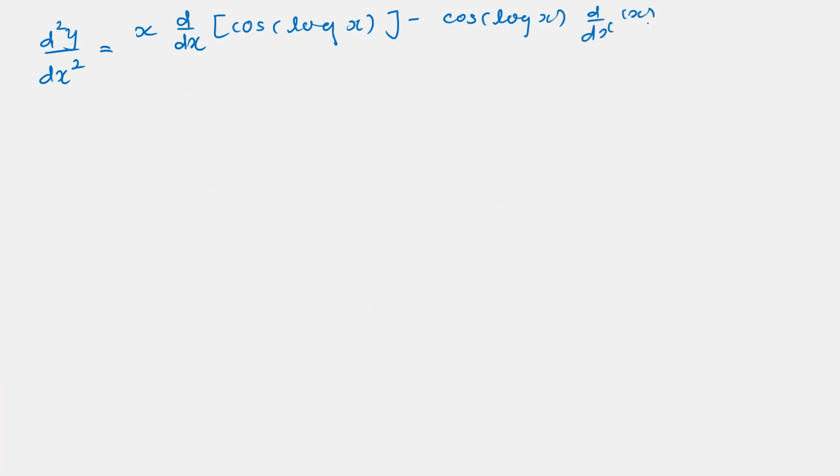It is d2y by dx2 is equal to denominator as it is, numerator का differentiation, minus, quotient rule है, minus आएगा, numerator as it is, denominator का differentiation upon denominator square.